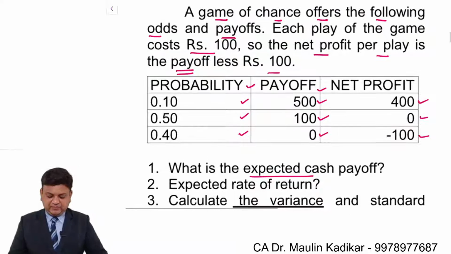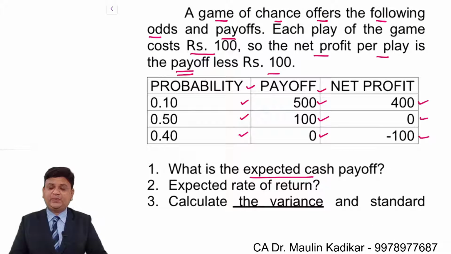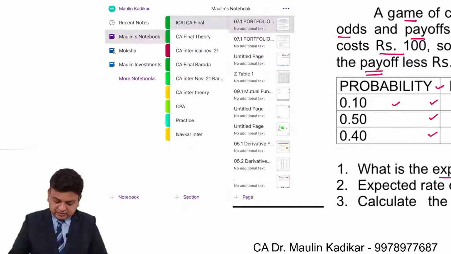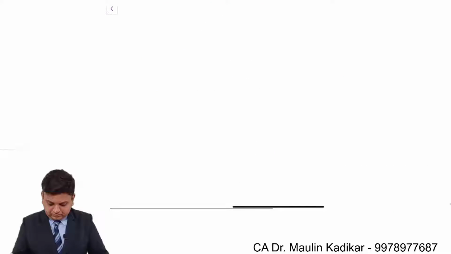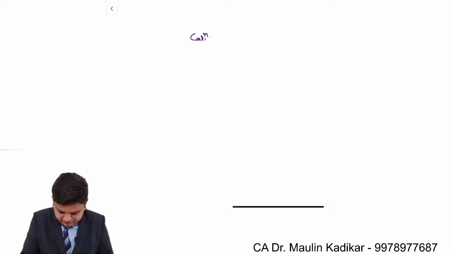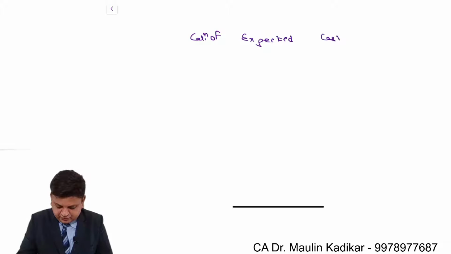So friends, over here we are required to compute the expected payoff. It is the probability into payoff, that mean value is required to be found by us. So write down the answer along with me. Calculation of expected cash payoff.